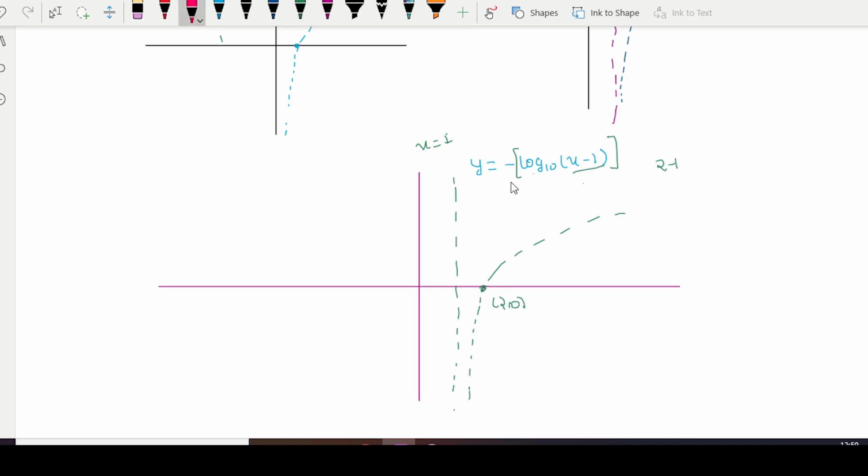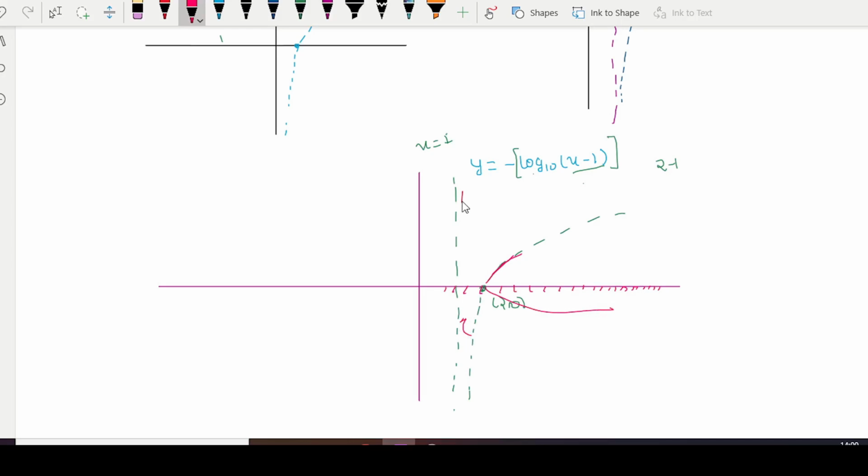Now we want to draw y is equal to minus of log base 10 of x minus 1. So we take the x axis as a mirror and find its image. Its image will look somewhat like this.